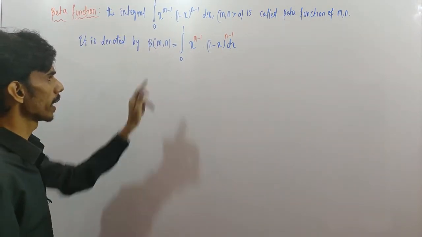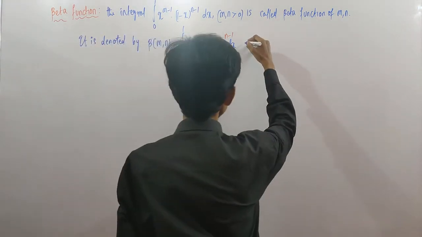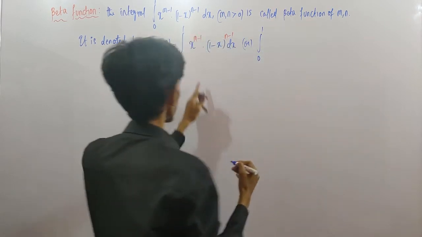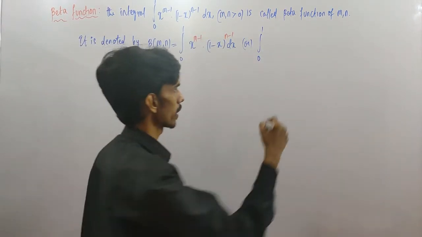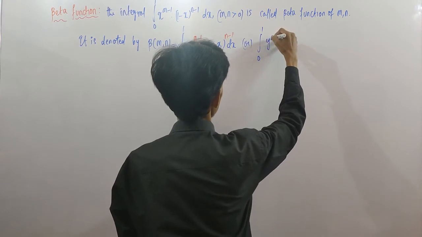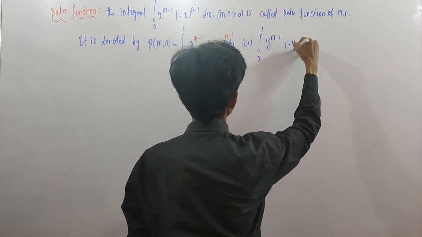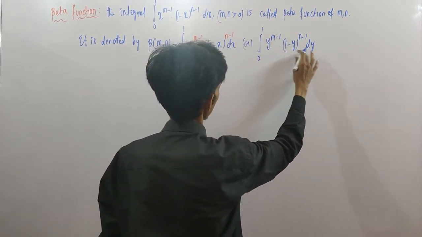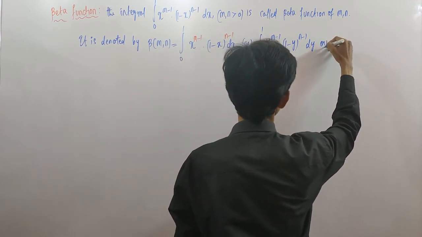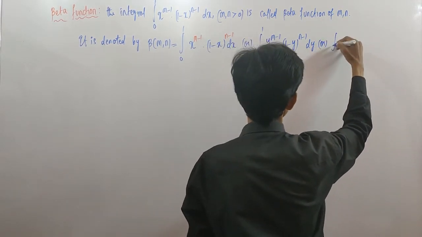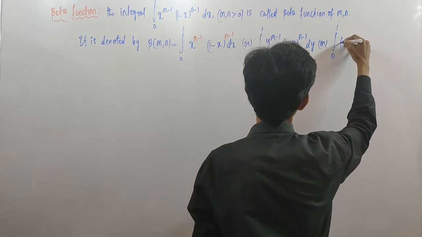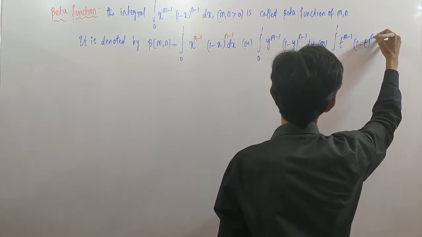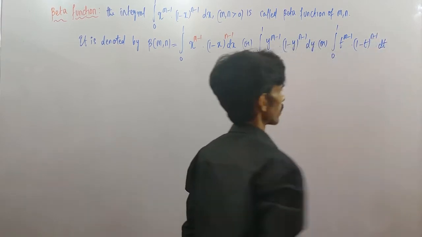This beta m comma n can also be expressed in some other variable as integration 0 to 1. Instead of x, we can take another variable y power of m minus 1 into 1 minus y whole power of n minus 1 dy, or we can express by some other variable as t, 0 to 1 t power of m minus 1 into 1 minus t power of n minus 1 dt.